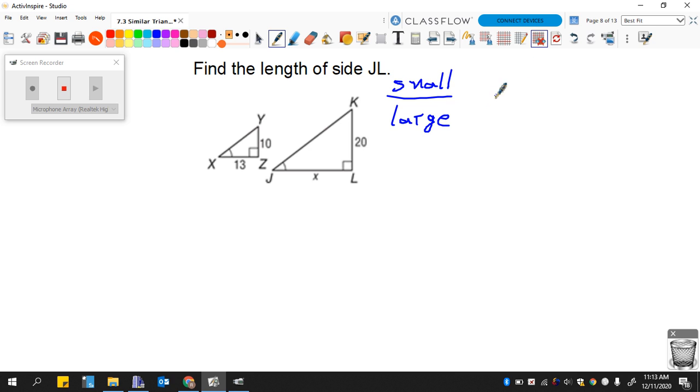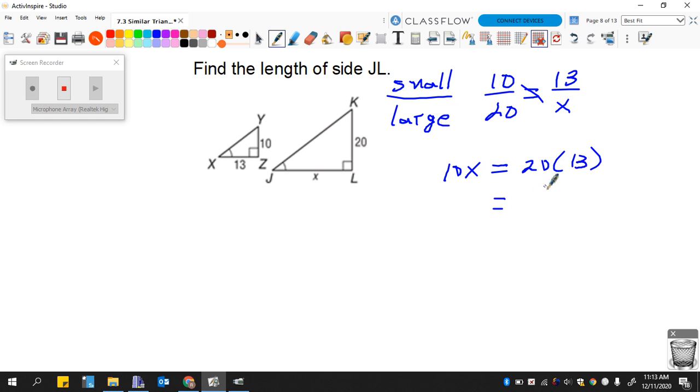Okay, so that would be 10 over 20. All right, 10 over 20 is equal to, so we're going to write a proportion, 13 over x. And remember, to solve a proportion, you just cross multiply. So that'd be 10 times x is equal to 20 times 13.